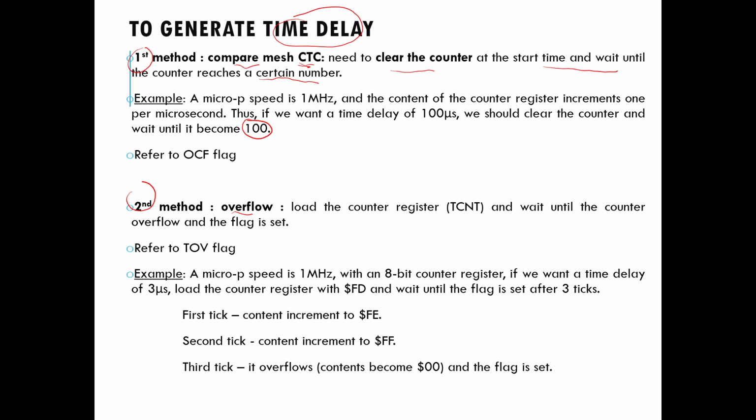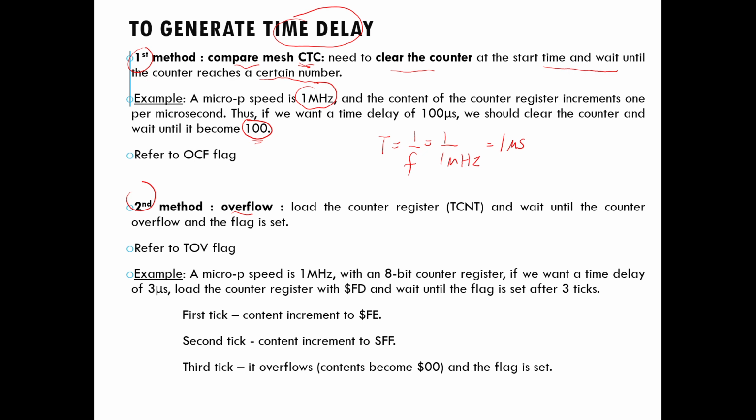If your microprocessor speed is 1 megahertz and you want to count until 100, we know this equation: the duration, capital T, equals 1 over F. So 1 over F is 1 over 1 megahertz. The time from one tick to the second tick is only 1 microsecond.